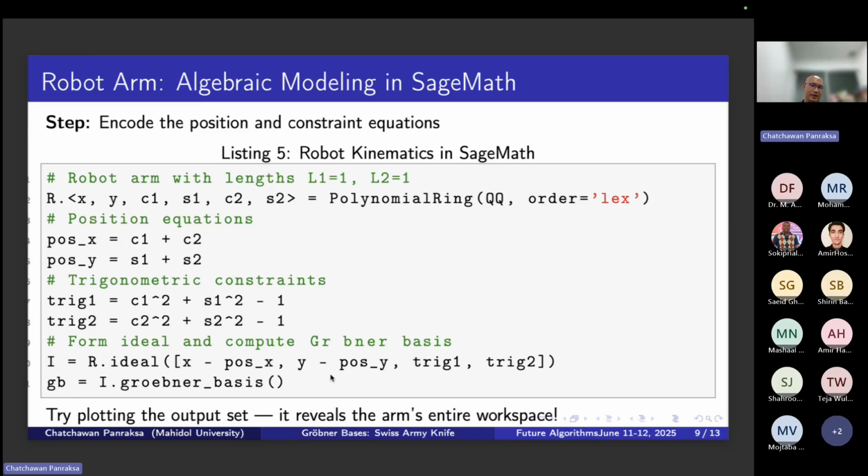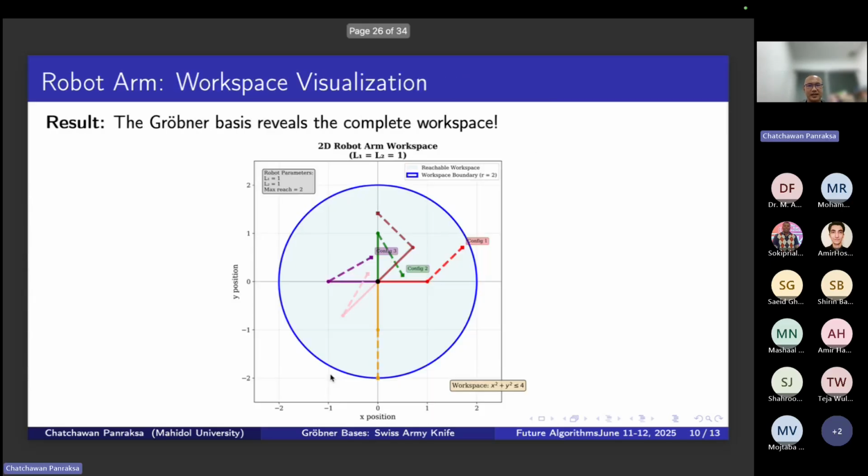For example, there might be some obstructions that you need the robot arms to avoid, some pole that it cannot hit, so you have to find a way to work around. When we solve, it's going to show that the working space would be with radius 2, which is not quite surprising, but this is an oversimplified version.